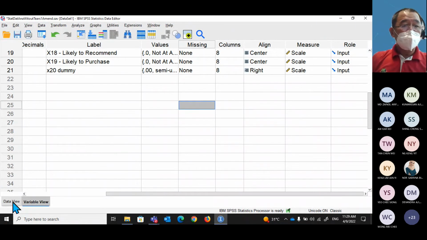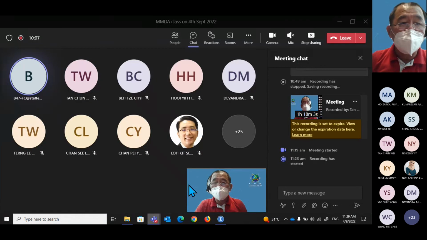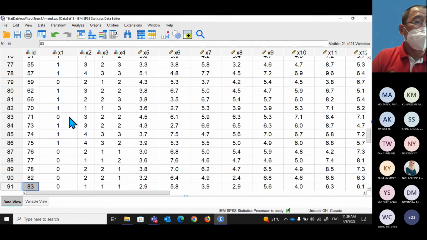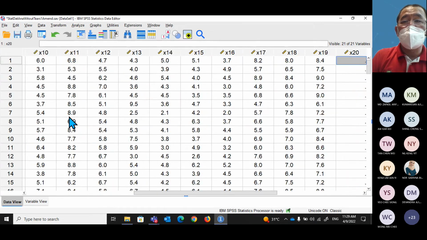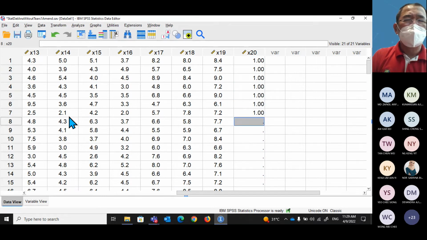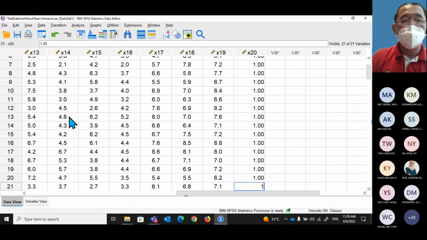If no question, go to the data view and key in the data. You see here we have 100 respondents, and we have already created a new variable here, X20. We key in manually: the first 50 are 1, and from 51 onwards they are 0.